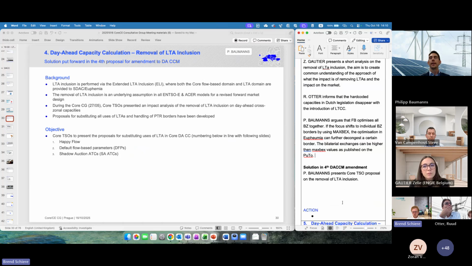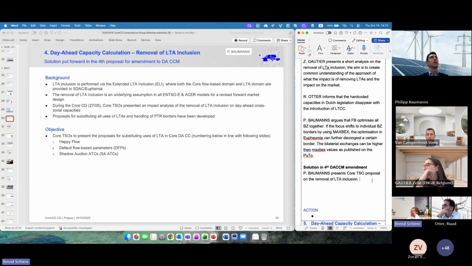So as I mentioned earlier, the LTA inclusion itself today is done in Euphemia with the extended LTA inclusion approach. So the ELI approach, where both core flow-based domains and LTA domain are provided to ESTA and Euphemia, and then via this alpha factor, it's decided between them.